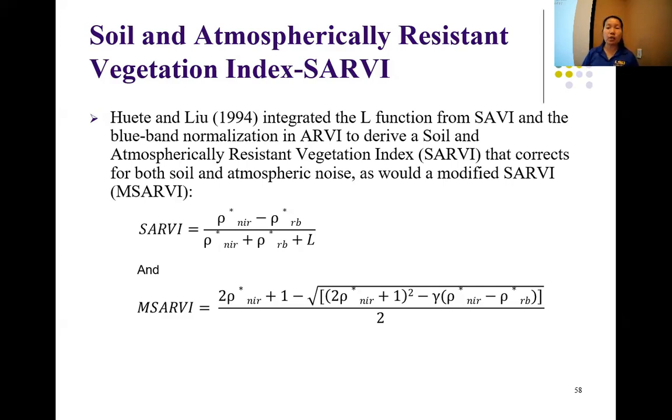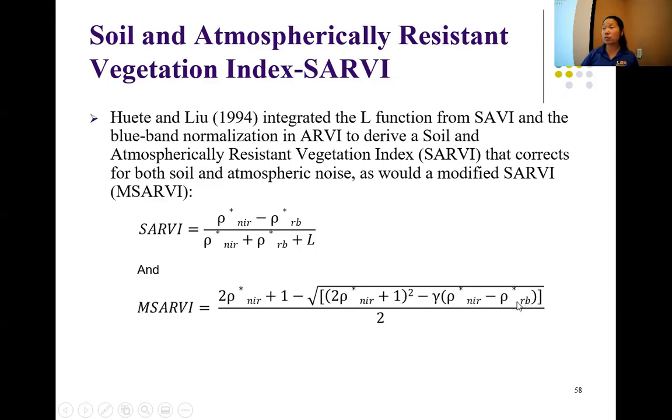So the equation over here again involves the near infrared band, and then this part over here is the raw RB that you can calculate from the same equation in the previous method, and the L method, the error parameters. Or you can also have the modified SARVI, which uses, again, the near infrared and RB.